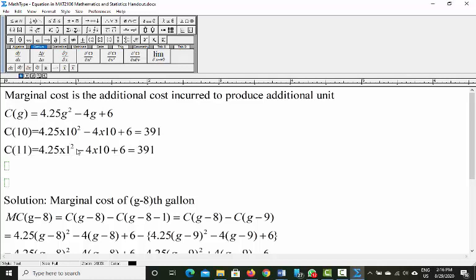So G will now be 11, here also G will now be 11.